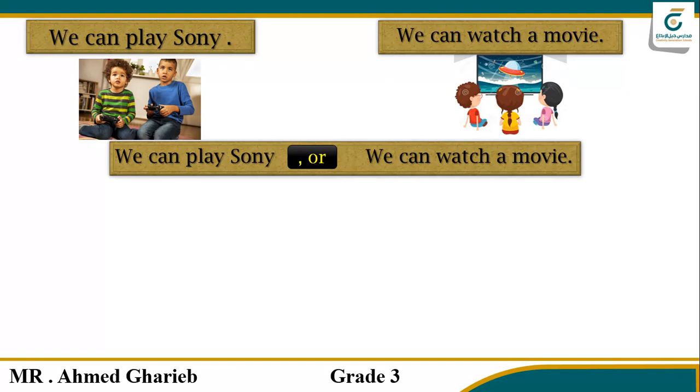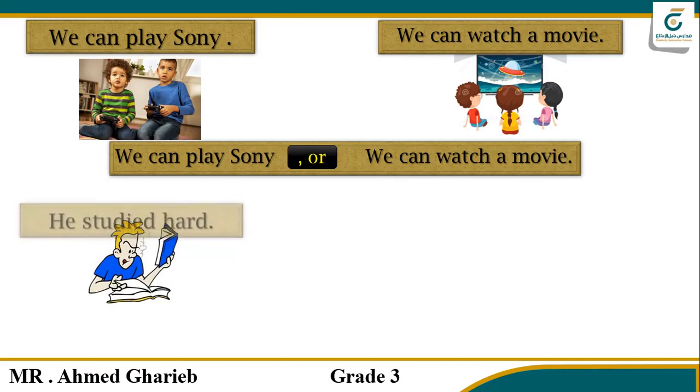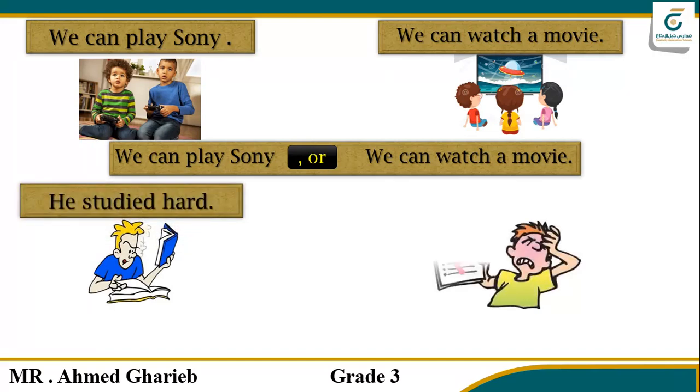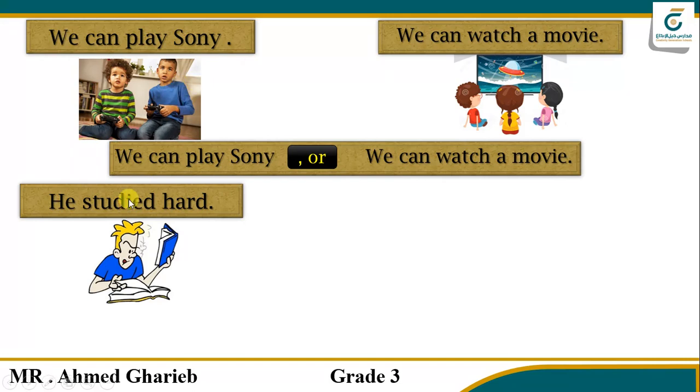So we used and to add an information, and we used or to give option, to choose, okay, between some choices. And now let's see the third tool, but. He studied hard. So the result is he should pass the quiz or the exam.